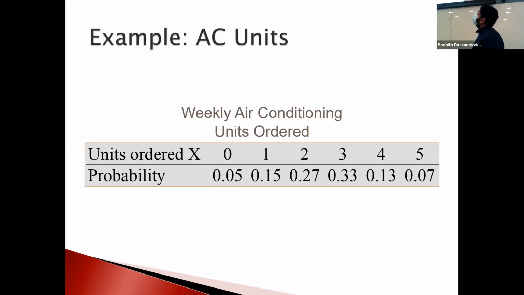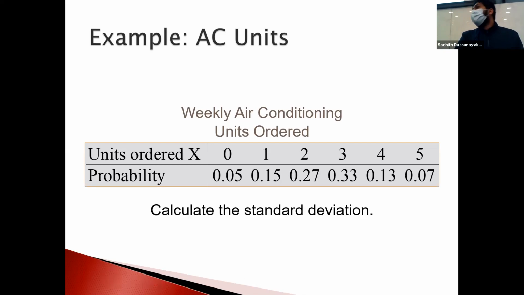Let's check this example. We have xi's: 0, 1, 2, 3, 4, and 5, up to 5. The probabilities are given. The PMF, which means each individual probability, is given here. Let's check what they ask. Calculate the standard deviation.